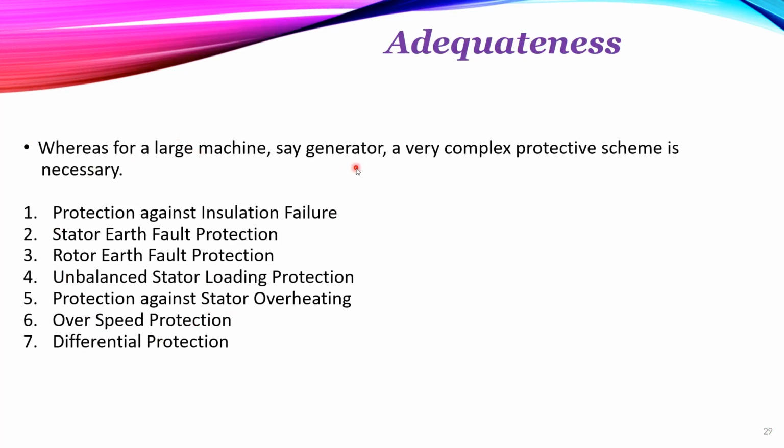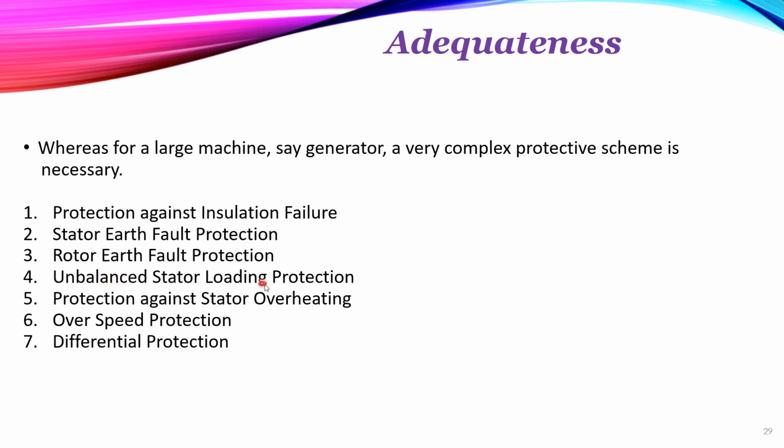Remember that a generator, for example a synchronous generator, has its stator and rotor. So we have to protect our stator and rotor against earth fault, which means that any of the windings is connected to the earth or to the ground. Protection against insulation failure due to overloading or excess heat, or presence of overvoltage.